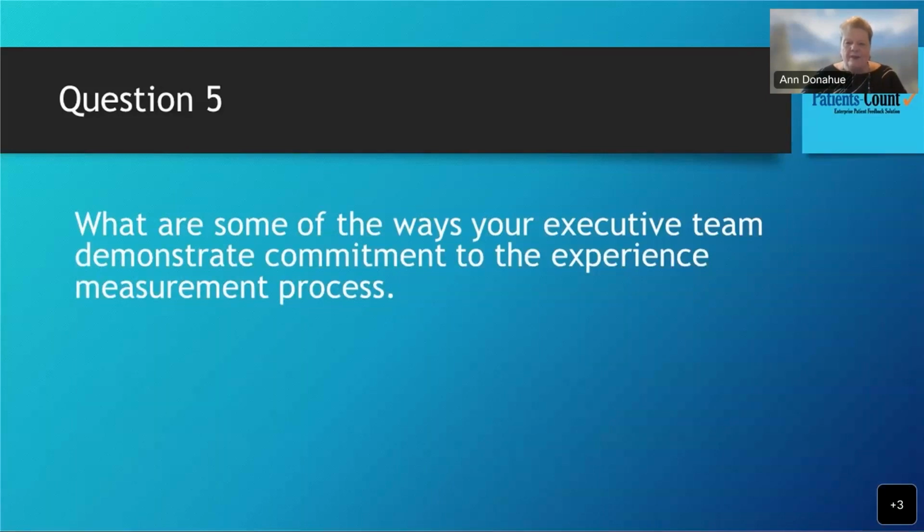You have to embed that into the importance of the organization, that feedback and making the experience an important part of what you are delivering. It has to come from the top. If it doesn't come from the top, then how do you expect people at any other level in the organization to embrace that and to see that as a commitment and a responsibility?